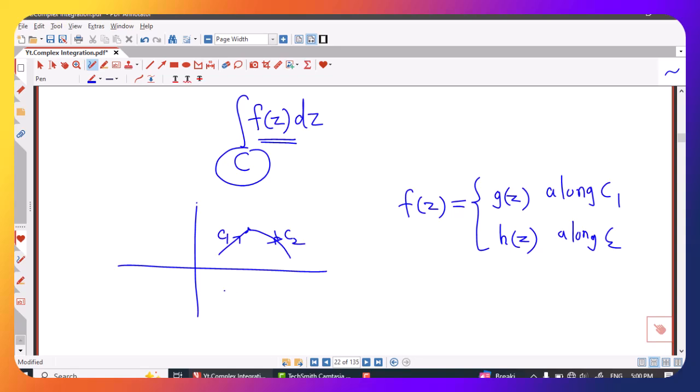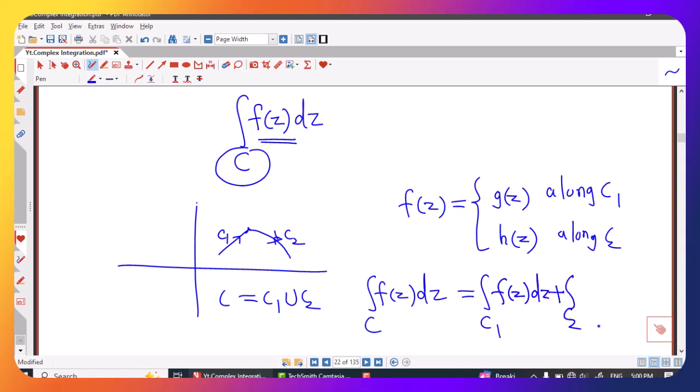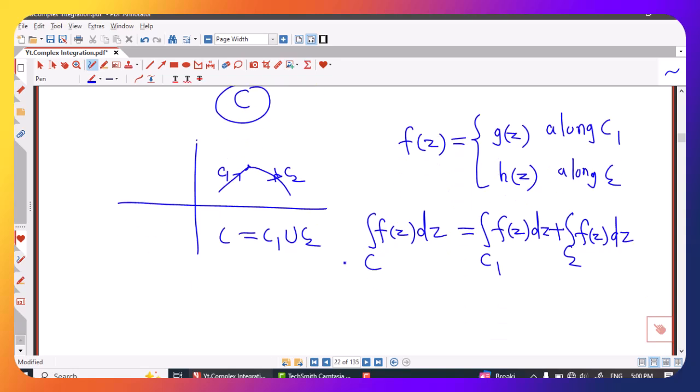Then our whole contour is nothing but the union of these two contours, and if we want to integrate f of z along this contour C, then we will evaluate f of z along C1 and we will evaluate f of z along C2, because f of z is different along C1 and C2. Along C1 we have f of z equal to g of z, and along C2 we have f of z equal to h of z.